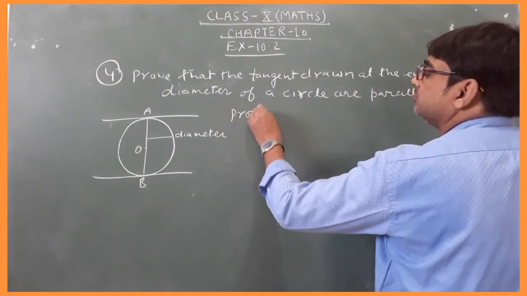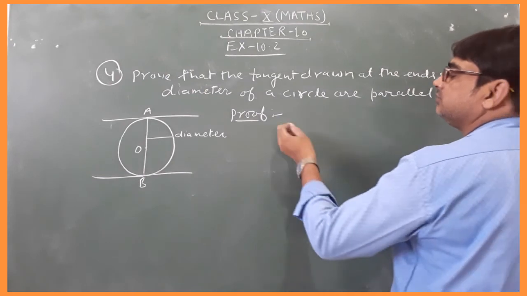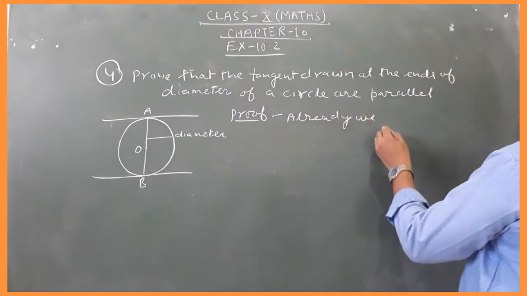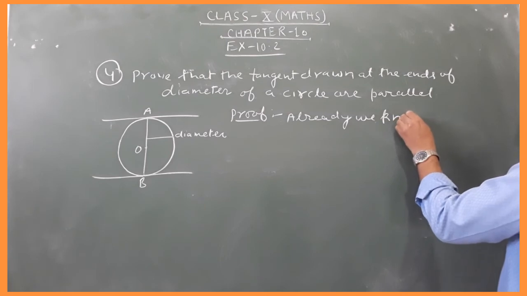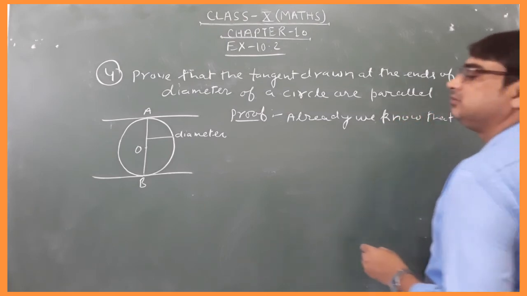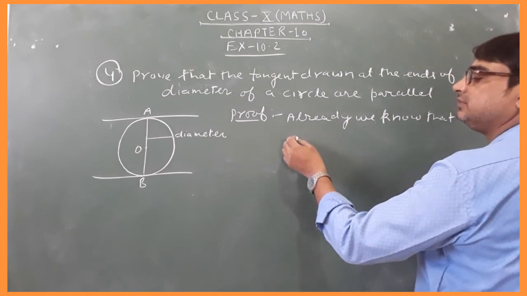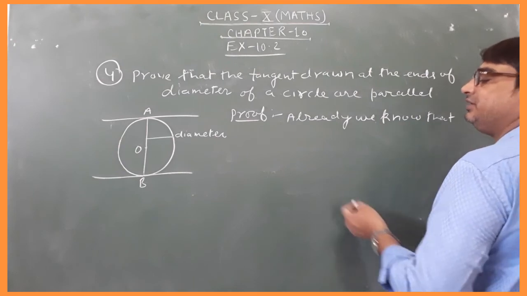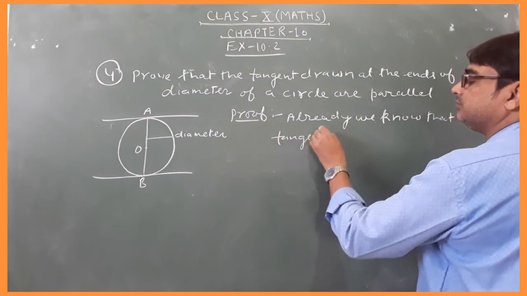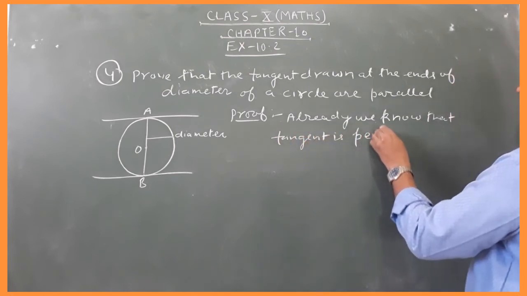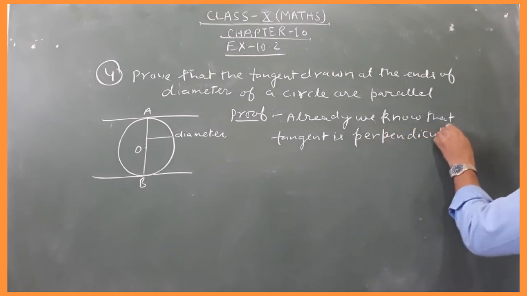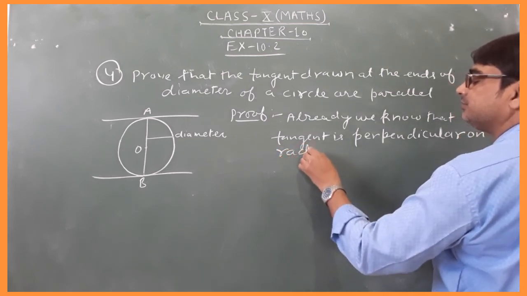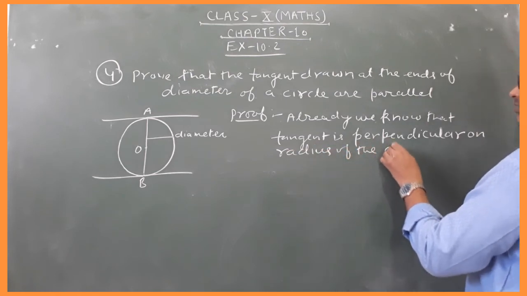Proof. Already we know that, or already we have proved, tangent is perpendicular on radius of the circle.